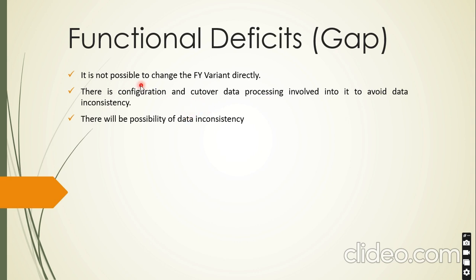If you do not perform these configuration changes and cutover data processing properly, there will be data inconsistency. Data that is already posted in the system, while clearing or while making payment for open invoices, will then be inconsistent.